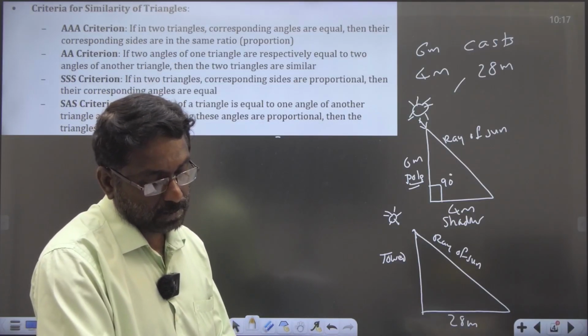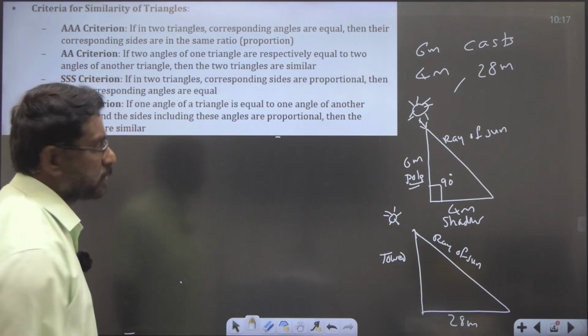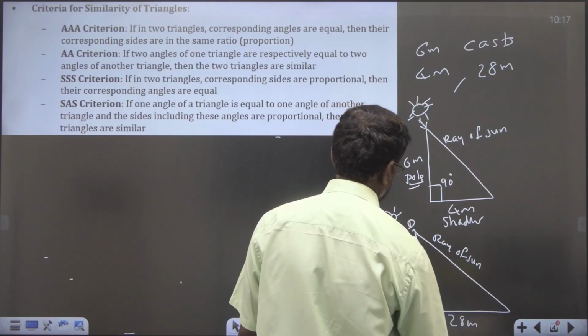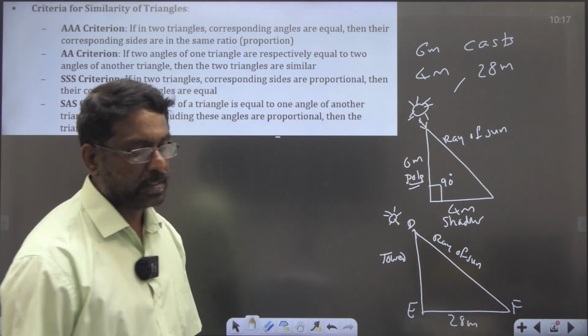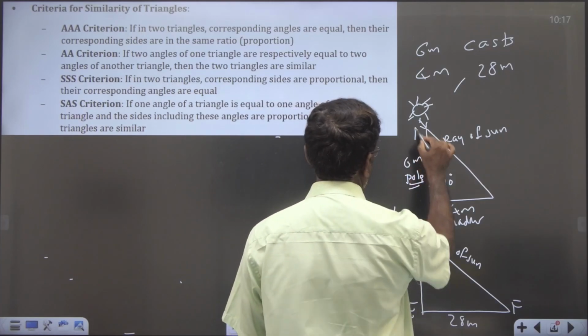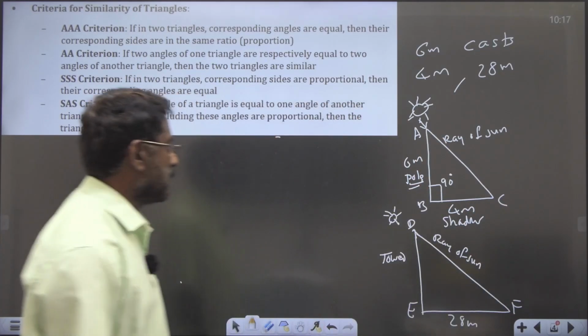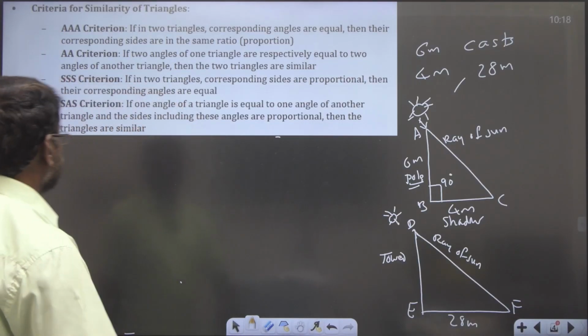Consider triangle ABC and triangle DEF. Suppose the first triangle we take as ABC and this one as DEF.